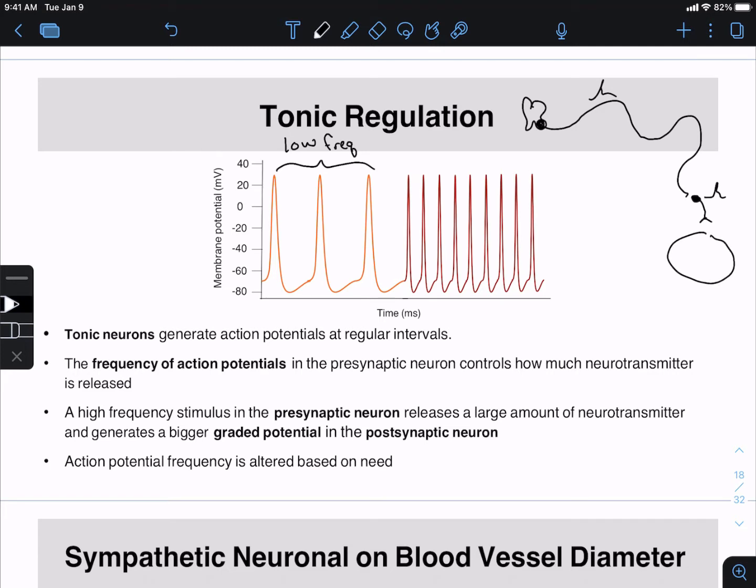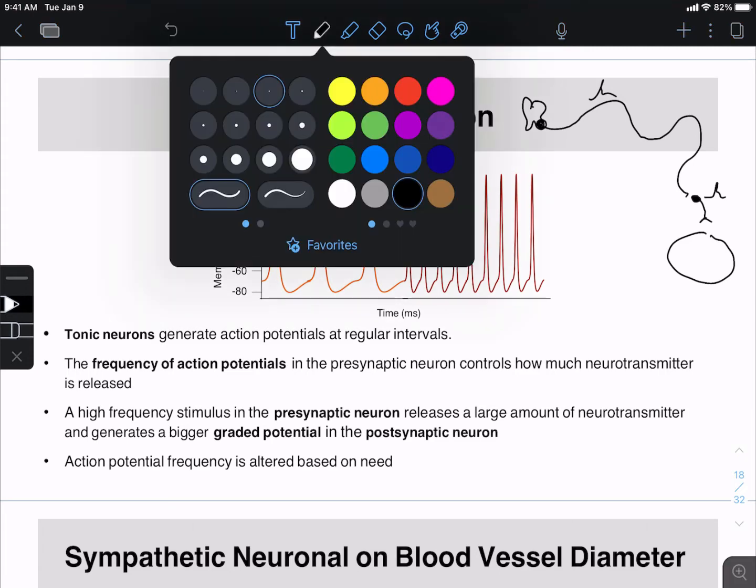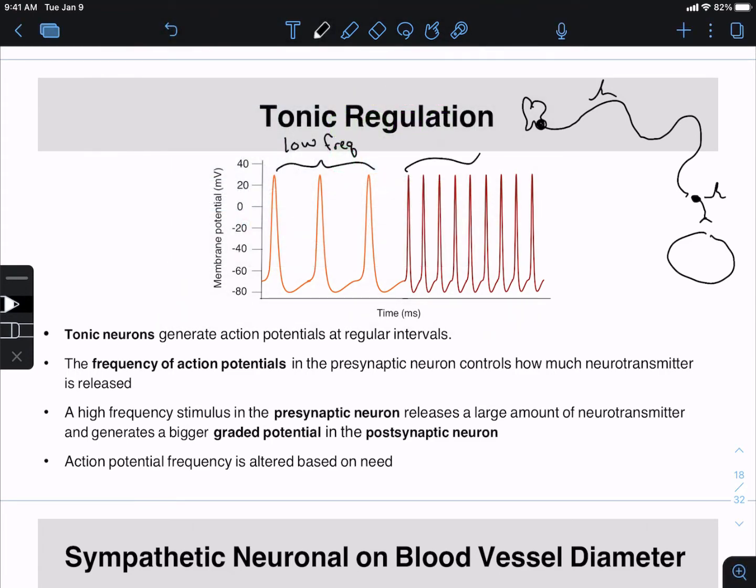So my bronchiole looks like that, nice and wide open, lots of air can get through. But then if we increase the frequency to this high frequency, that's going to cause bronchoconstriction. Not that dramatically, but that should give you an idea.